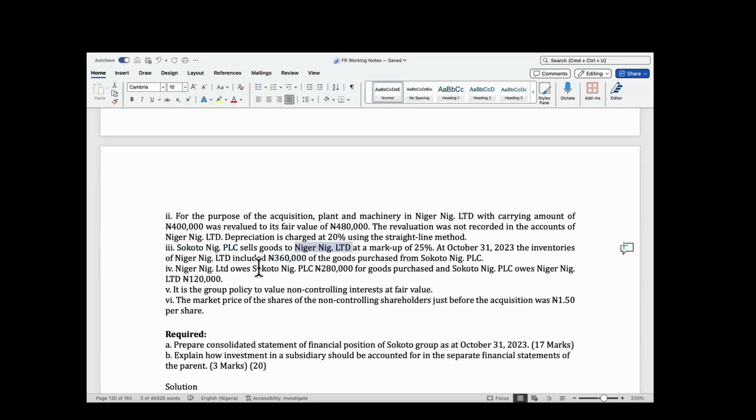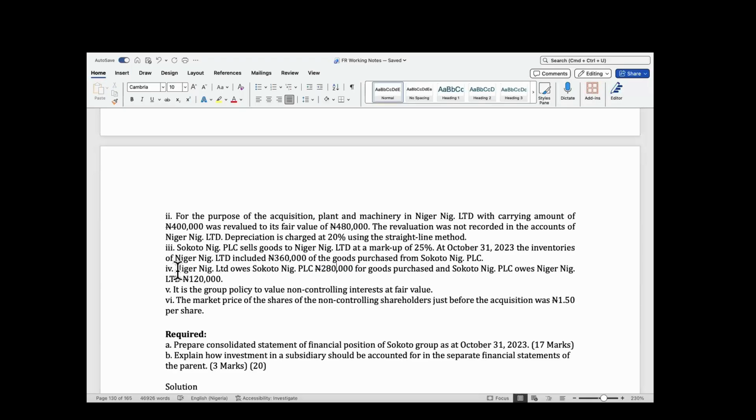Also, we're told that Niger owes Sokoto 280,000 for goods purchased, and Sokoto owes Niger 120,000. Okay, so these are going to be cancelled out. And this looks easy, but it's very tricky. Because first, look at this 280. Niger owes Sokoto 280. So that means in the receivables of Niger, 280.